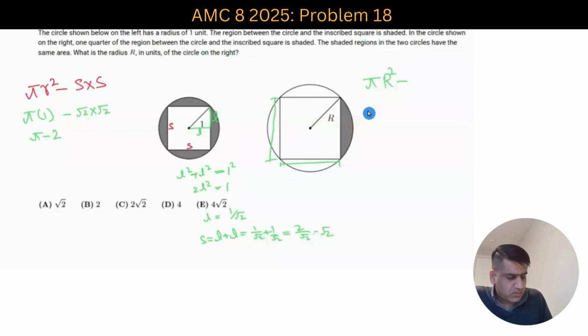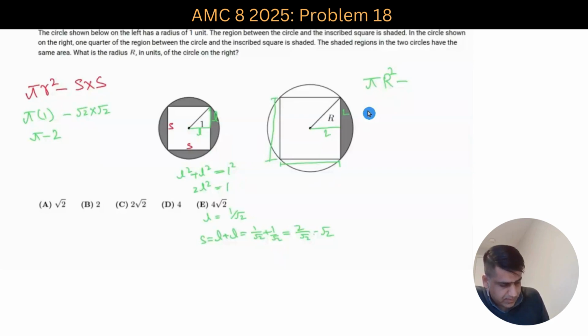First we can do for the whole, and then we can apply for this only region. So if I do for that, I can again find this length and this length by applying the Pythagoras theorem.